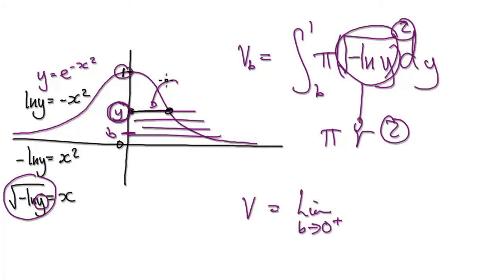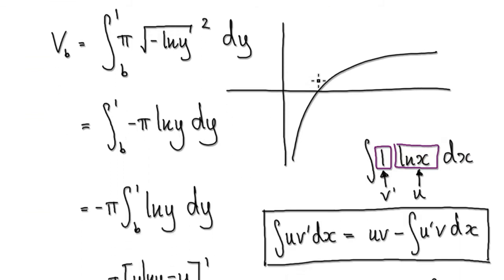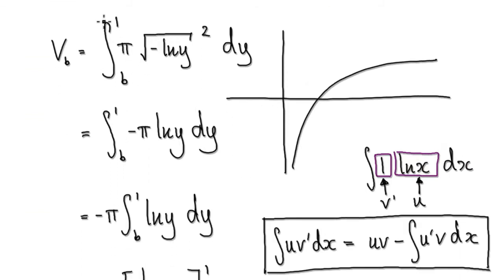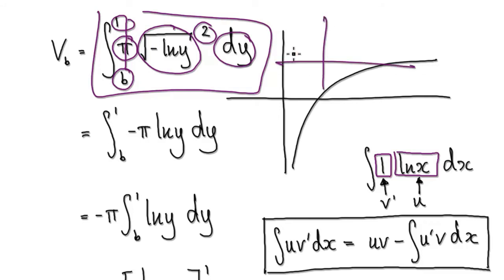Anyway, the volume up to b is given by this thing here. It's pi r squared, which gives you the area of the disk, and then you're summing up all the disks from b to 1, moving along the y-axis.